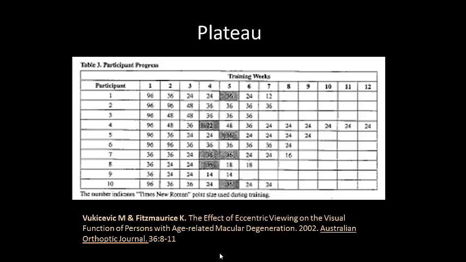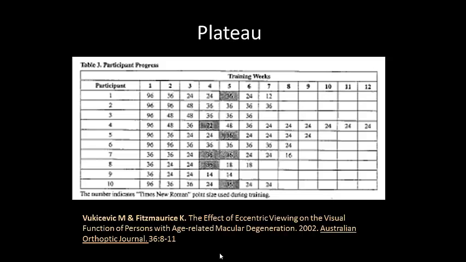That suggests that firstly, 1 or 2 training sessions in eccentric viewing are not enough, because as you can see there, the range of visual acuities or near visions that the patients are showing at weeks 1 and 2 are not that good. But if you push on past weeks 7 and 8, they actually do improve quite dramatically. And you also have to get over that hump of the plateau period in about weeks 4 or 5.